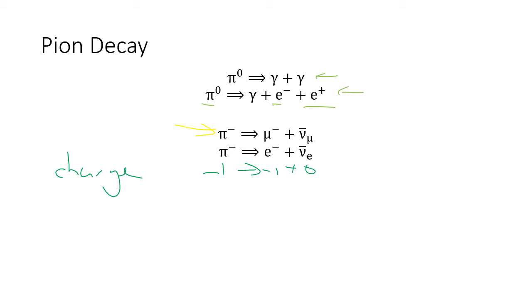And if we think about nucleon number, there aren't any nucleons. If we think about electron number, then that's not an anti-electron, that's a real electron, and that's an anti-electron neutrino. And so our rules are obeyed. So that is what's going on there.